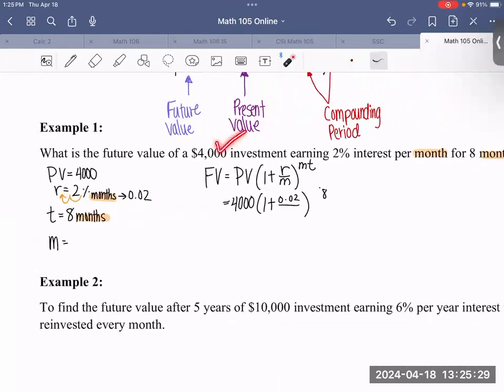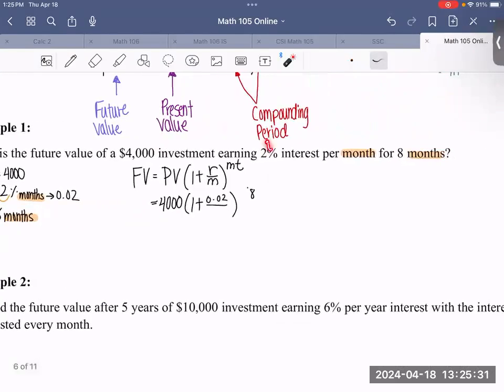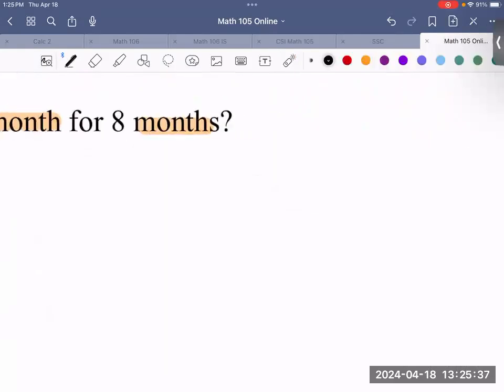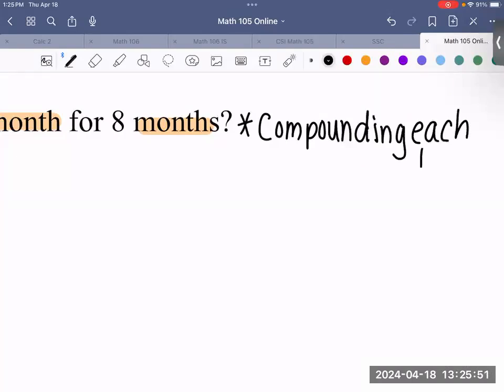We said we have $4,000, 2% interest for 8 months, and oh, I noticed my mistake. They didn't tell us, and this is an edit that I made on my notes. It says to change this. So sorry. This problem should say compounding each month, not month.